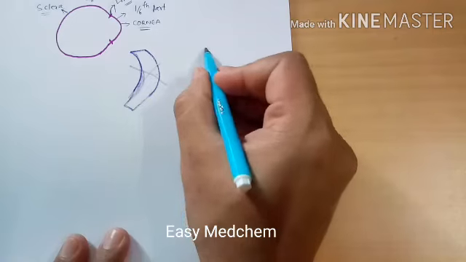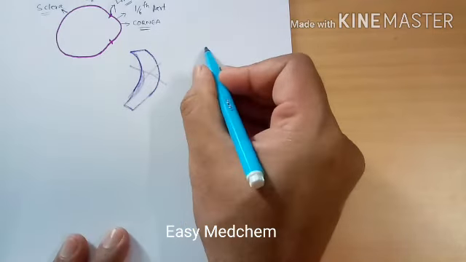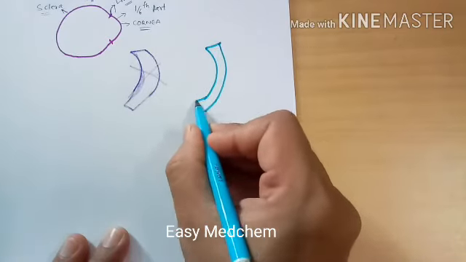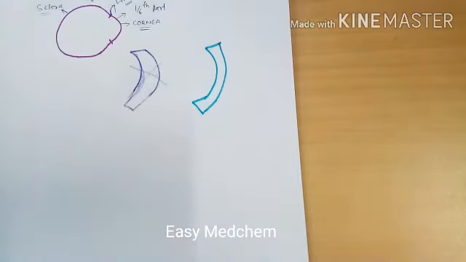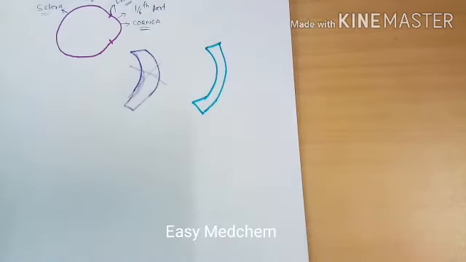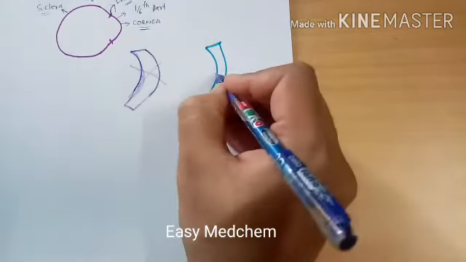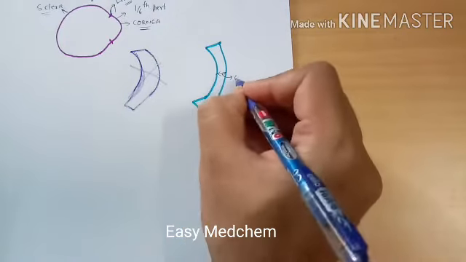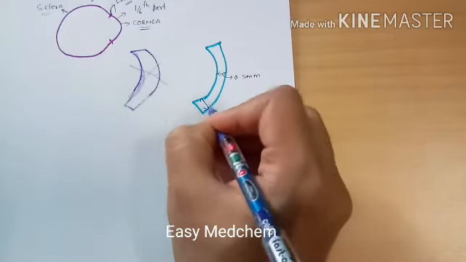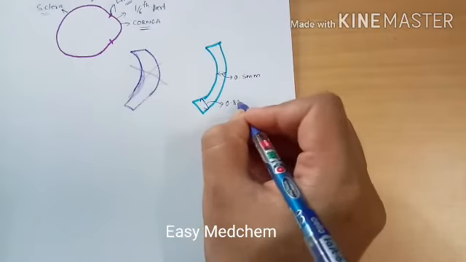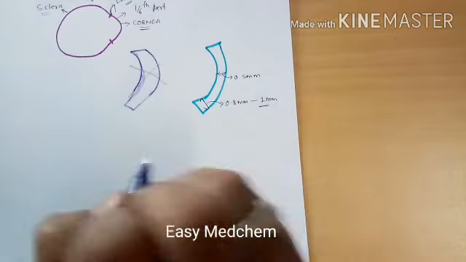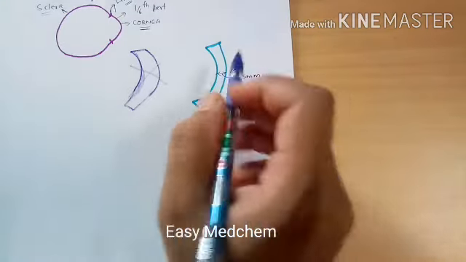So this is how the cornea is represented. The middle width is approximately 0.5 mm, and the width here is approximately 0.8 mm, and in some books we can consider 1 mm also. So this is the width of the cornea.